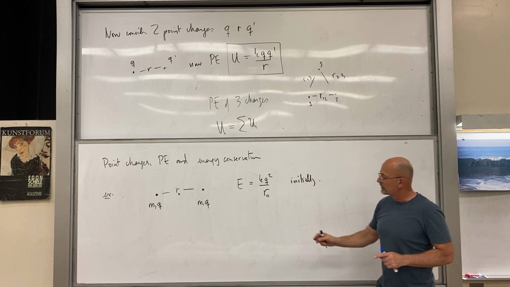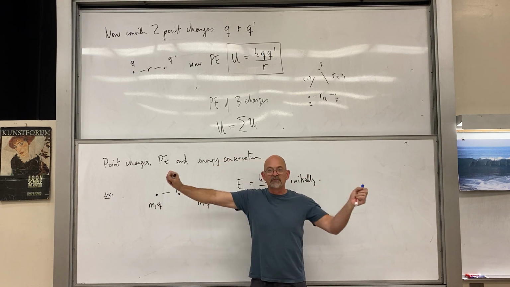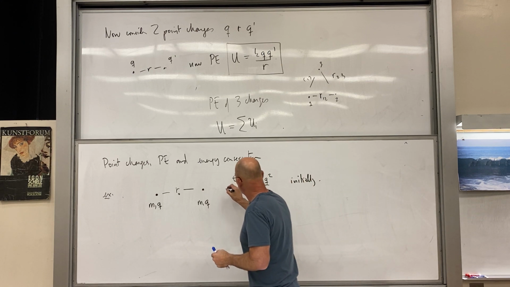Now what happens if we were somehow able to break the bond here and they just repel each other and fly out to infinity? Okay.